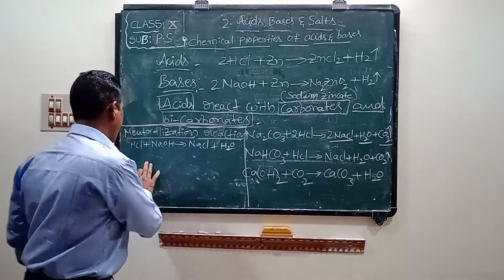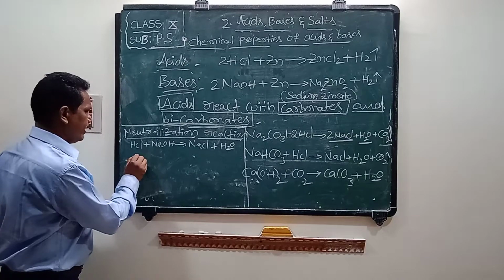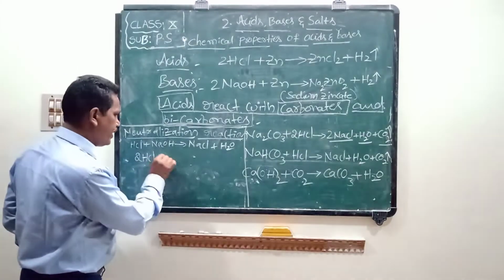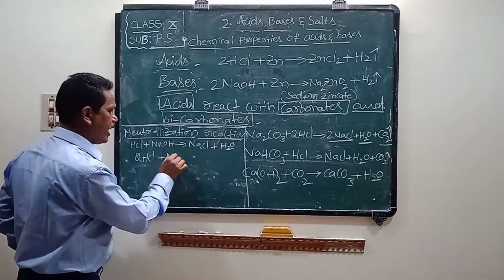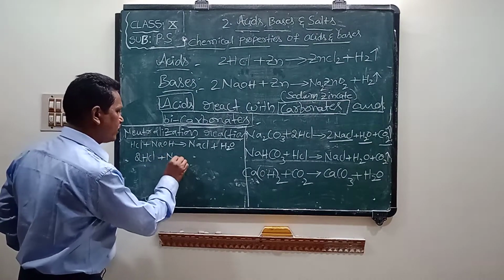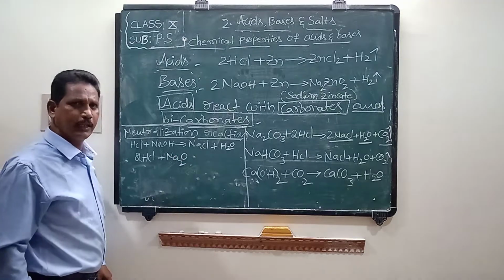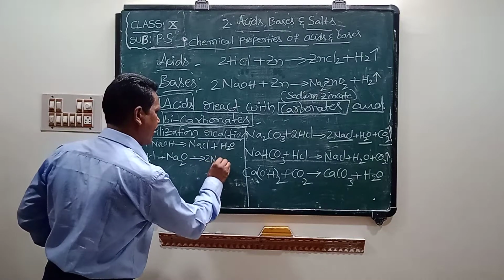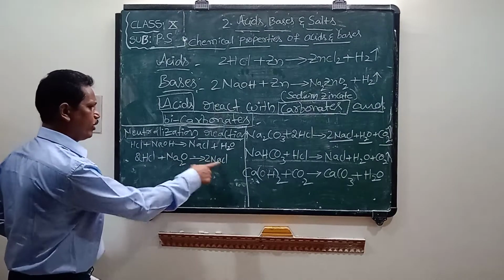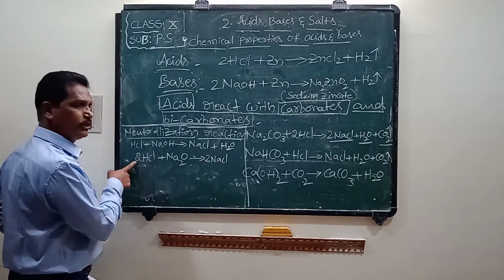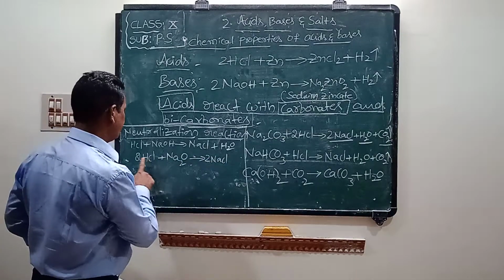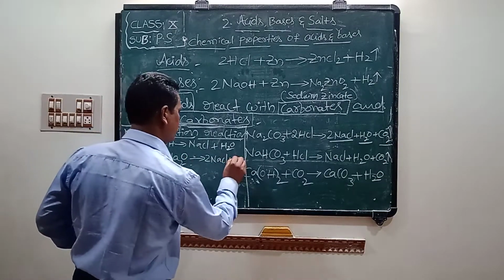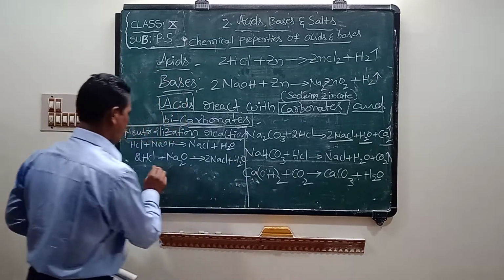For example, 2HCl acid reacts with metal oxide, that means Na2O, sodium oxide, to form 2NaCl plus H2O.